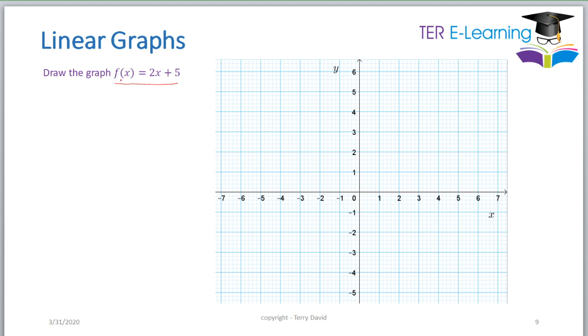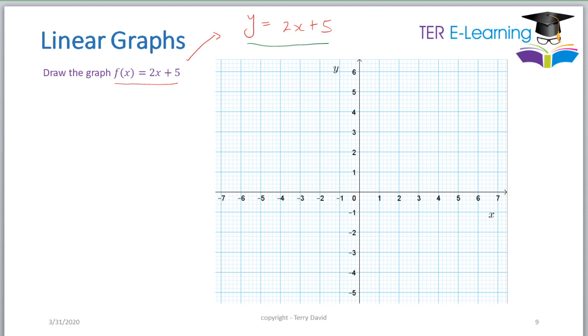So in this case, we have a function, and the function f of x is equal to 2x plus 5, right? Now, another way we could have written this is draw the graph y is equal to 2x plus 5. So in the exam, they can ask draw the graph f of x equal to 2x plus 5, or they can say draw the graph y is equal to 2x plus 5. It is the same thing, okay?